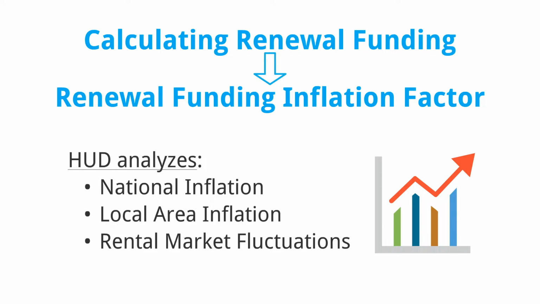Each year, HUD publishes fair market rents for areas all across the country. These are intended to represent the cost to rent a moderately priced dwelling unit in the local housing market. Broadly, the inflation factor is roughly equal to the movement in a PHA's FMRs year to year.